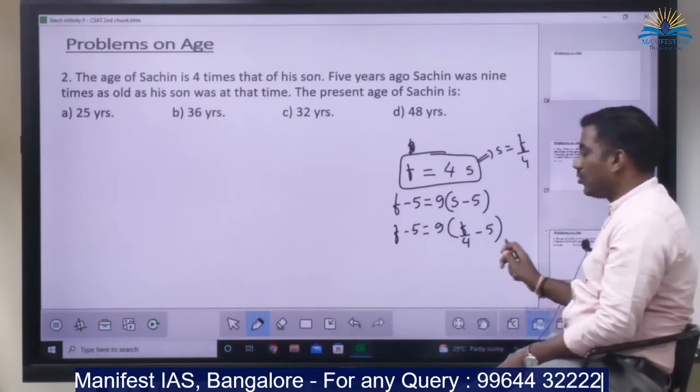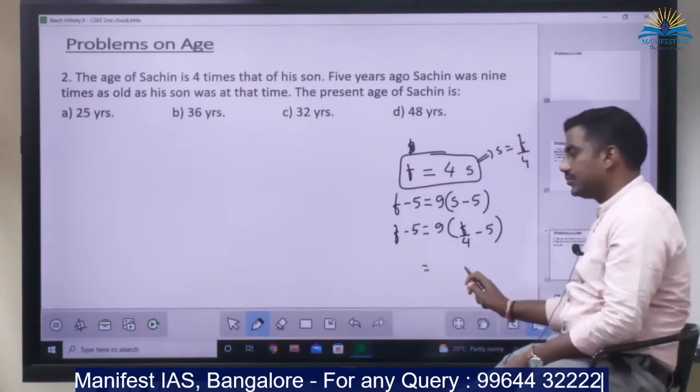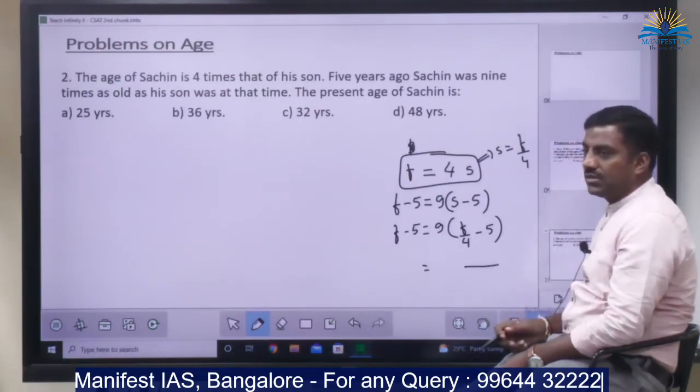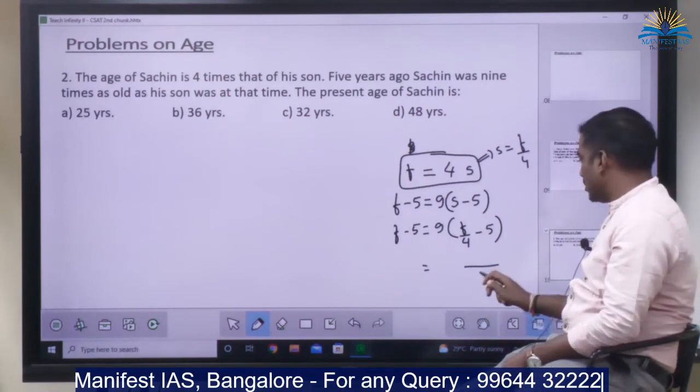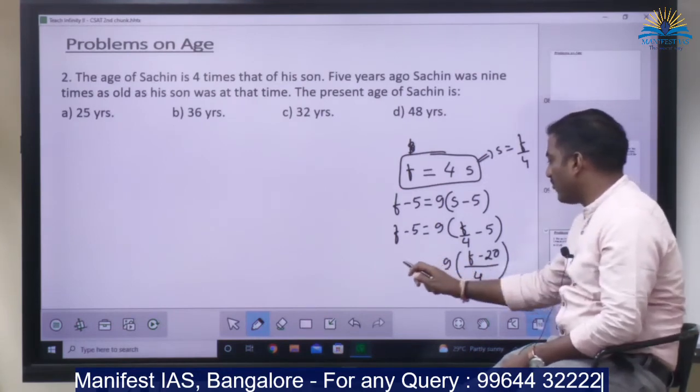Now here we have to take the LCM. Yes? So 4, F minus 20, into 9 is equal to F minus 5.